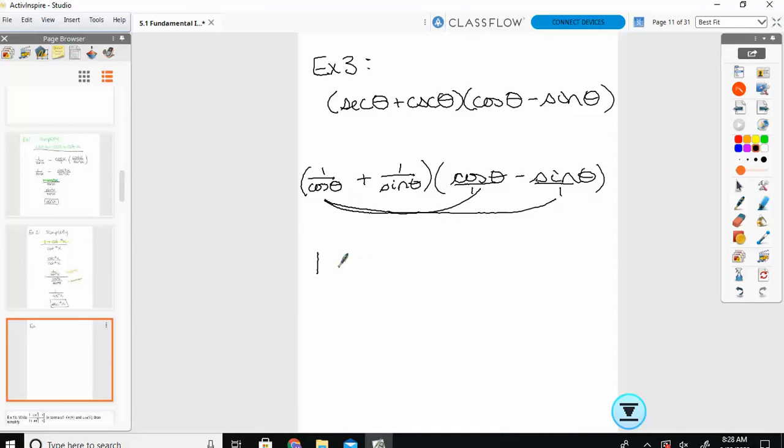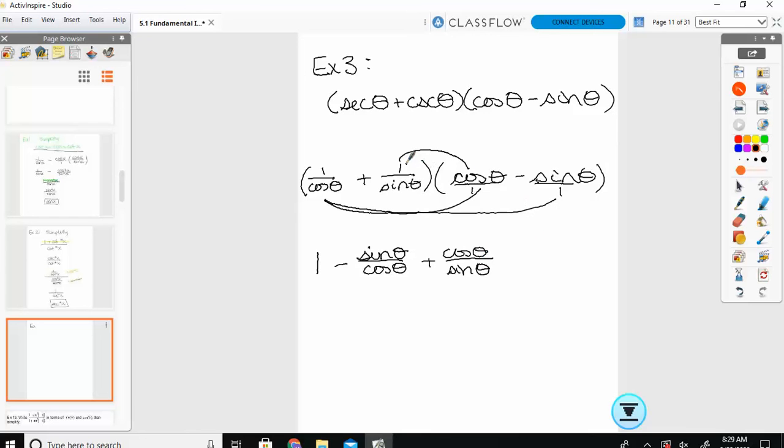This is like sine over 1. So minus, so if I multiply those, 1 times sine theta is sine theta on top. Cosine theta times 1 is cosine theta on the bottom. Inside. So 1 times cosine theta is cosine theta.